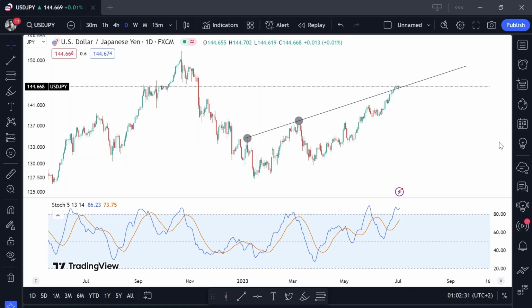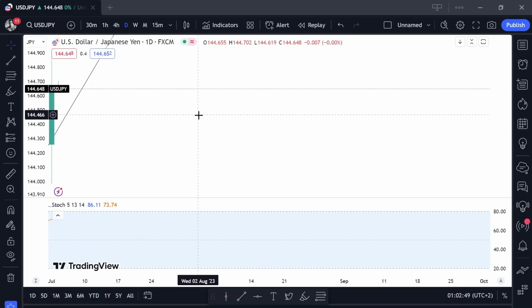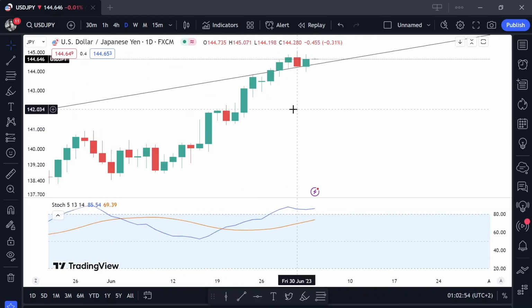So as we can see here on the monthly time frame, it's showing us a sell. On the weekly time frame, it's showing us a sell. Then as you can see also on the daily time frame, we've got a trend line and it's showing a sell. Also, when the market is about to reverse, watch.